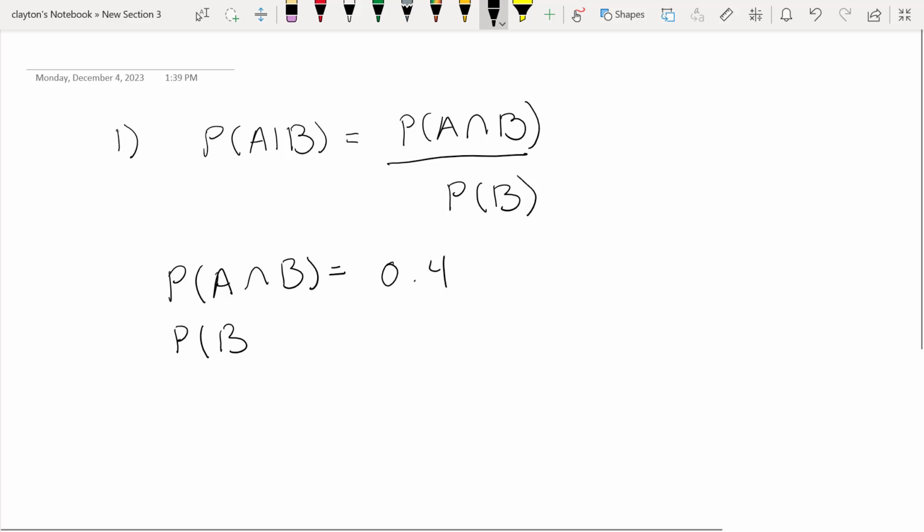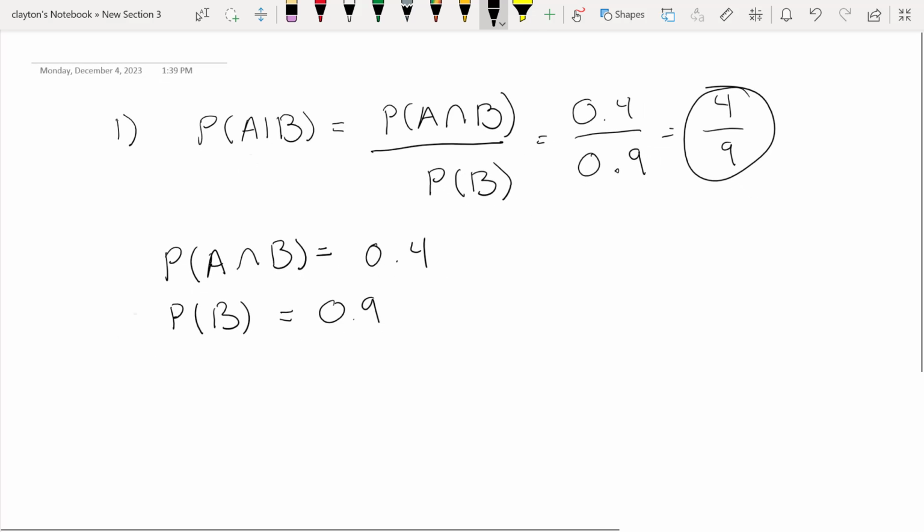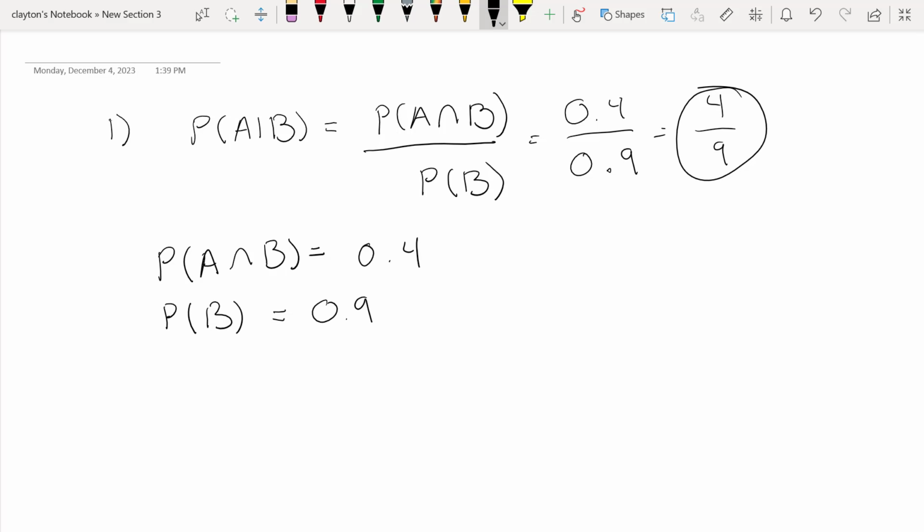So it gives you all the information you need on the right side of the equivalent sign. And so we can just fill this out as 0.4 over 0.9, and probably just simplify it as 4/9, unless it wants a decimal, but if it's a handwritten test, I'm sure that's fine. So that is number 1.